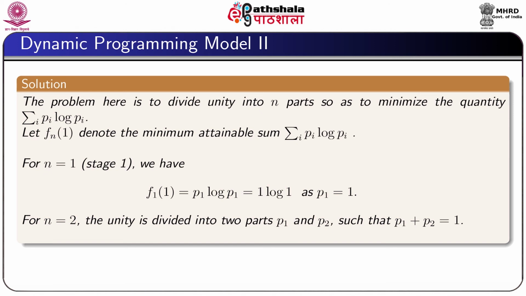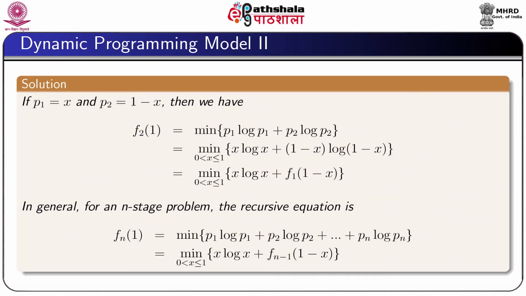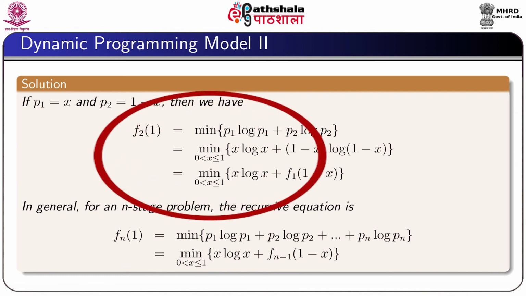Now, for n equal to 2, here the unity is to be divided into two parts p1 and p2 such that p1 plus p2 equals 1. We take p1 equal to x and p2 equal to 1 minus x, then we have f2(1) equal to the minimum of p1 log p1 plus p2 log p2.